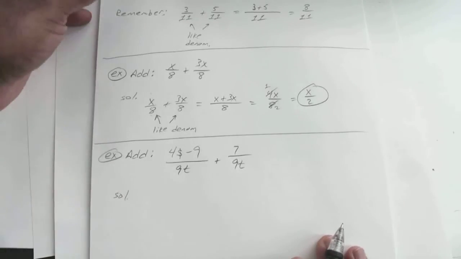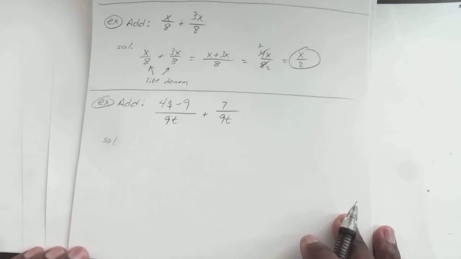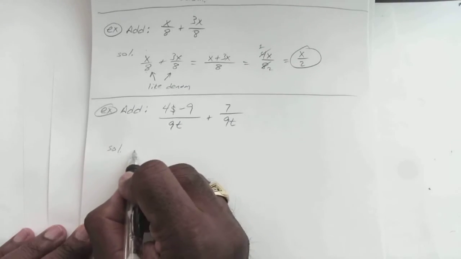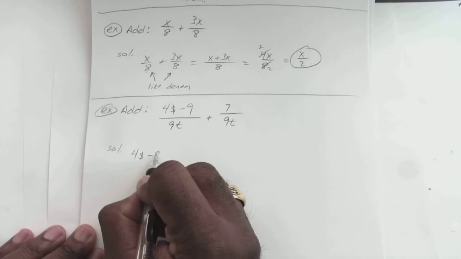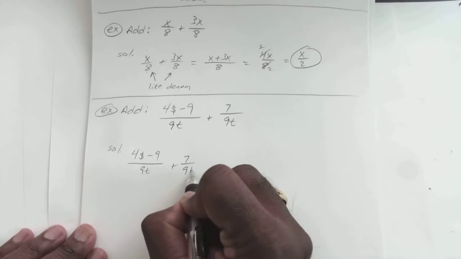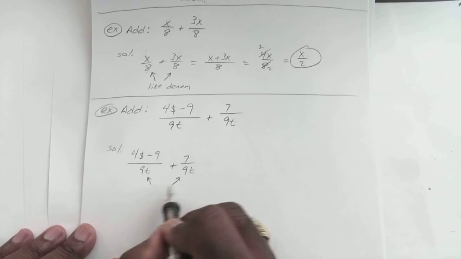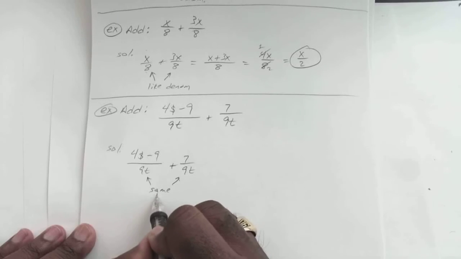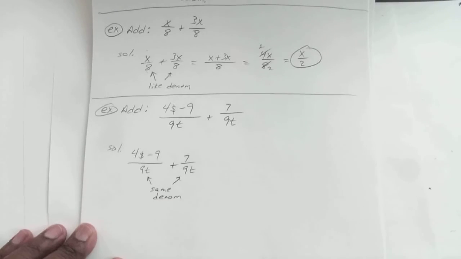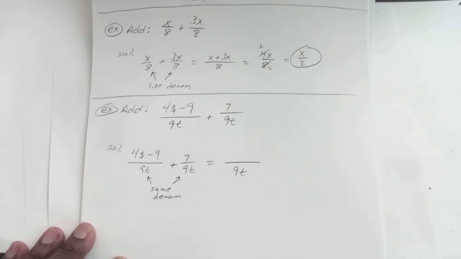We see we have our same denominator, so that means our answer is going to be something over 9t.